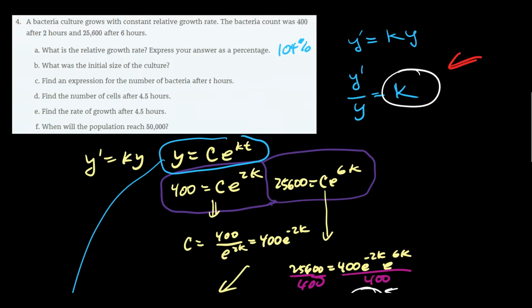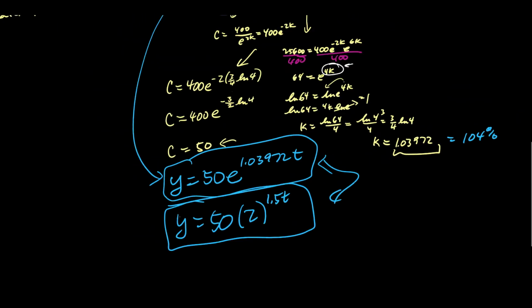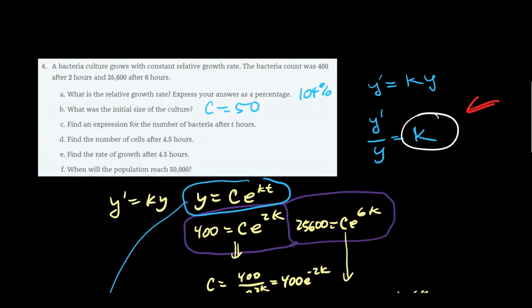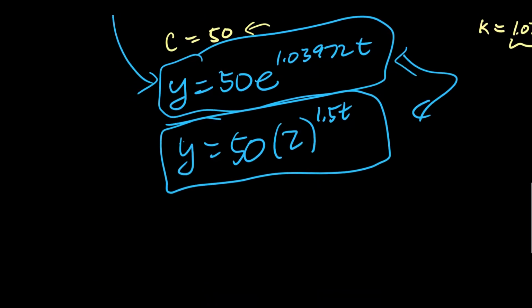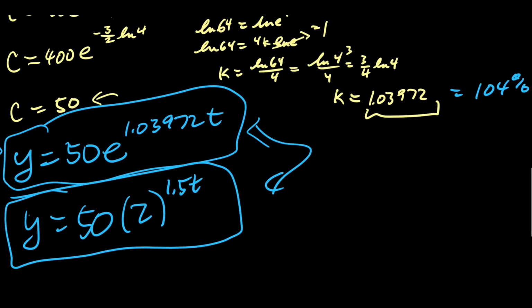The initial size is C, and we found that to be 50. Find an expression for the number of bacteria per hour. We did that right here or here. And then find the number of cells after 4.5 hours. Let's plug t equals 4.5 into both.